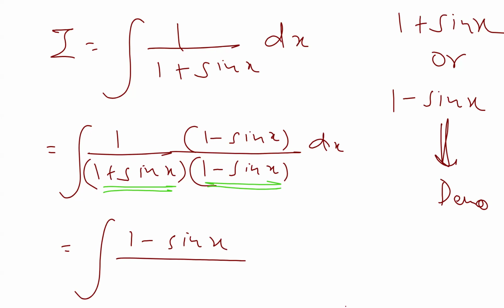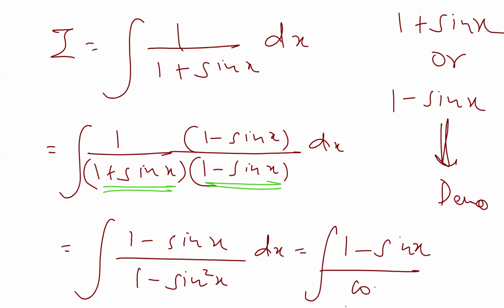A plus b into a minus b, a square minus b square. So this is 1 minus sine x upon cos square x dx.